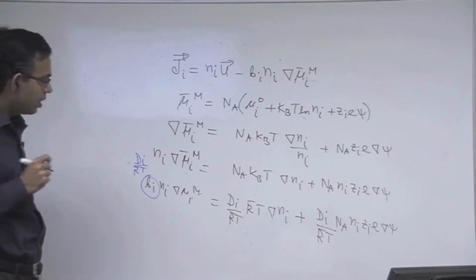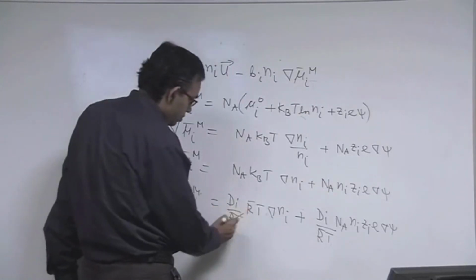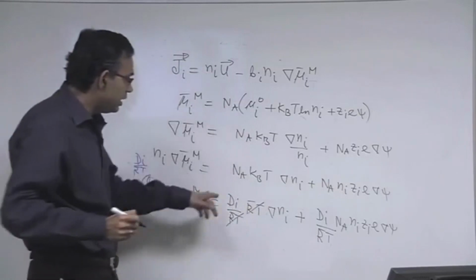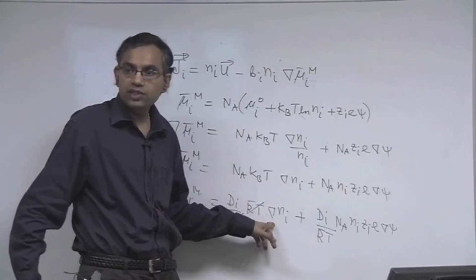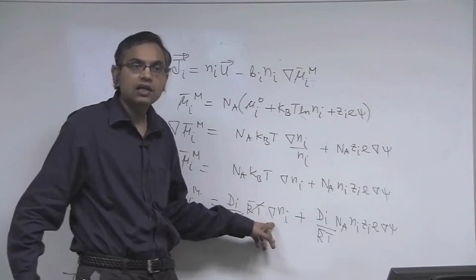Okay. So this term becomes D_i grad N_i, right, diffusion coefficient times the concentration gradient.